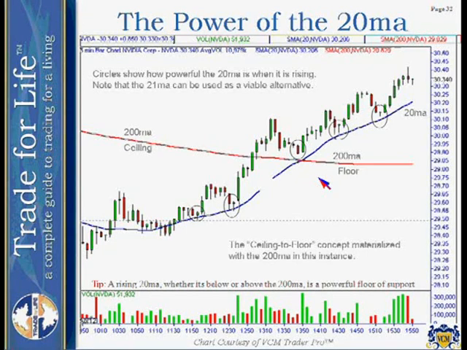Now, guys, look at this. Notice the stock here is below the 20. Below the 20. Below the 20. Now we rise above the 20. Once I go from under the 20 to above the 20, I'm watching like a hawk that next decline.